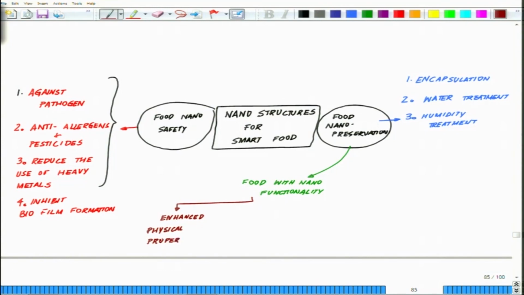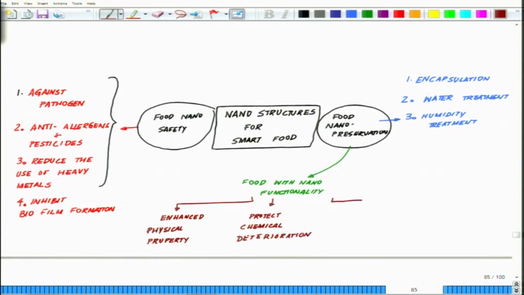In terms of the shelf life of the food, they protect against chemical deterioration.